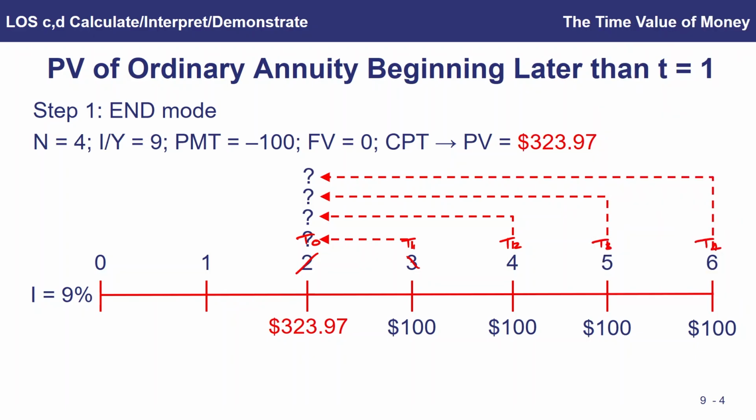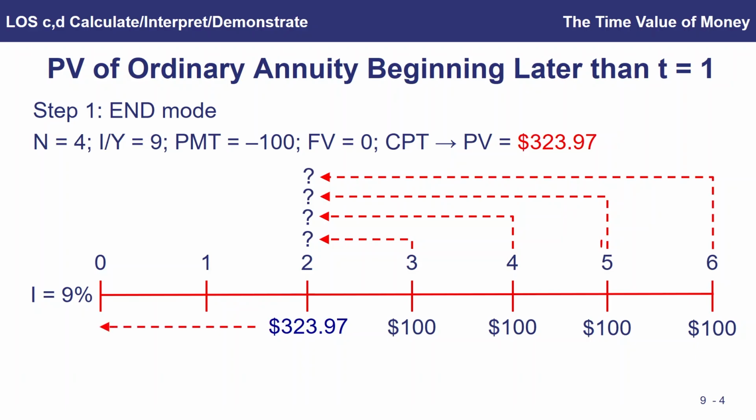Now, the next thing, of course, to say is that 323.97 is here at T2. Okay, we were pretending it's T0, but it's not really. It's really T2. So all we then have to do is take that 323.97 and discount it back 2 periods to T0.